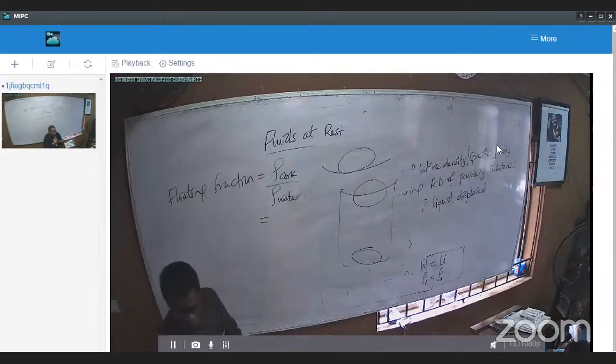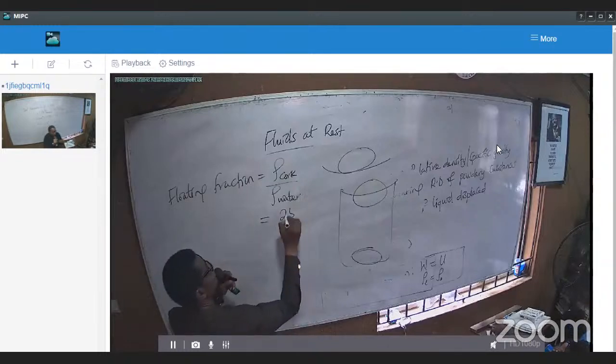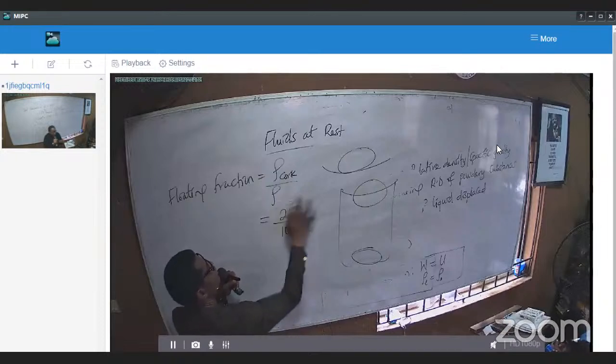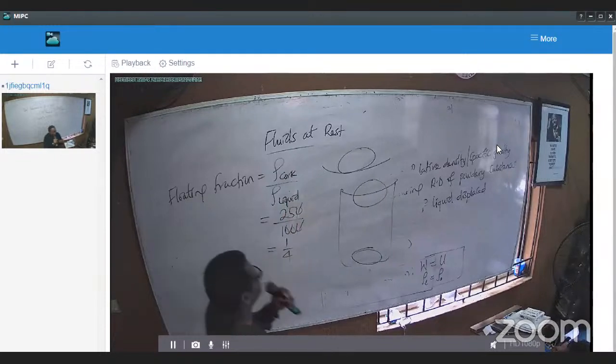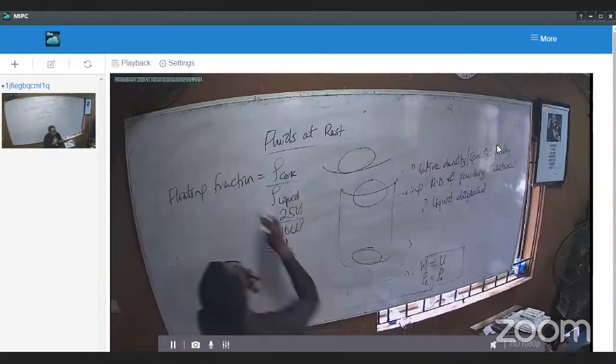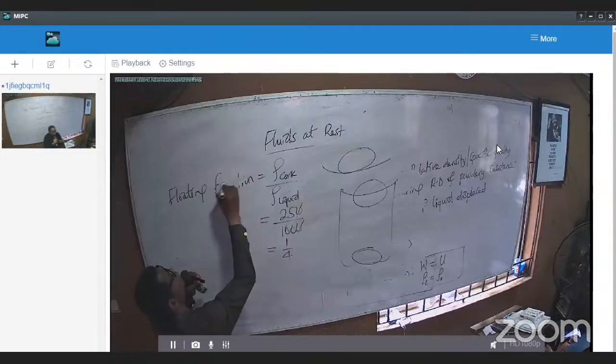How much is density of the cork? 250. And the liquid? 1,000. So 1/4. That's what they're asking for: the floating fraction.